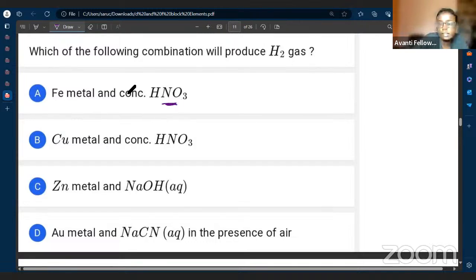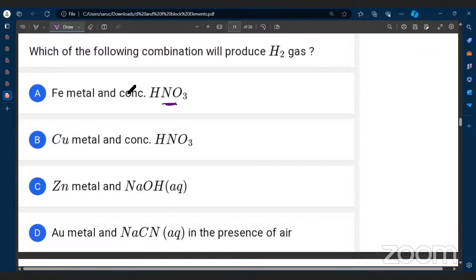It will make a passive layer. So when you react iron with concentrated HNO3, the products will be iron nitrate, NO2 and water.